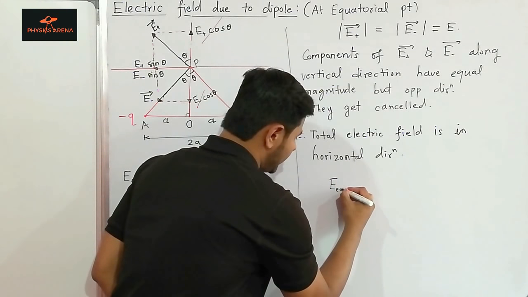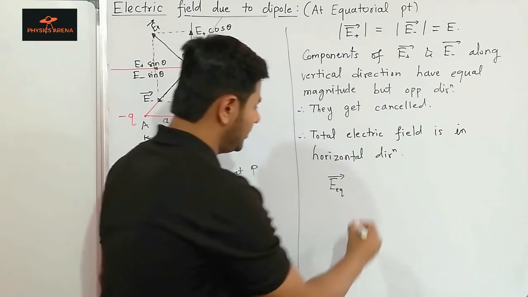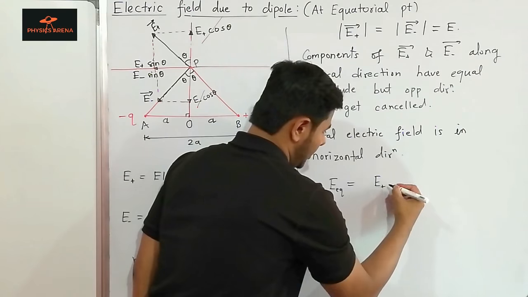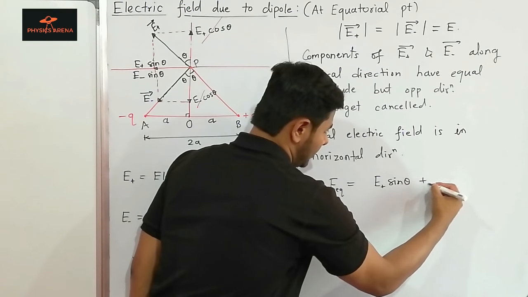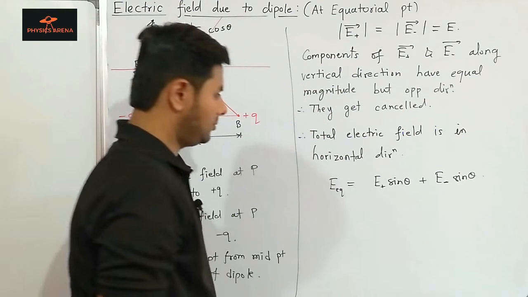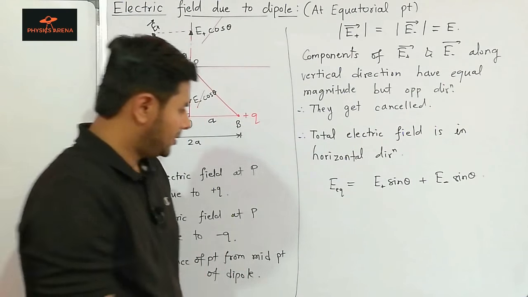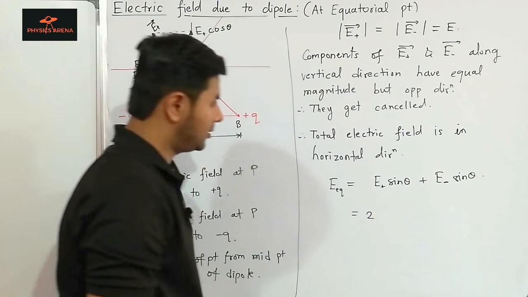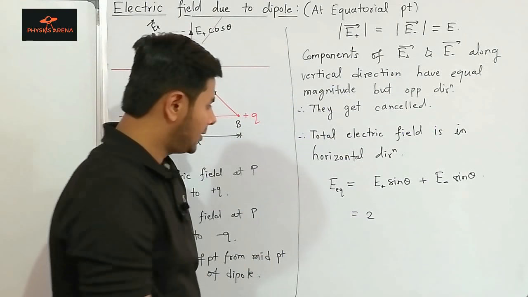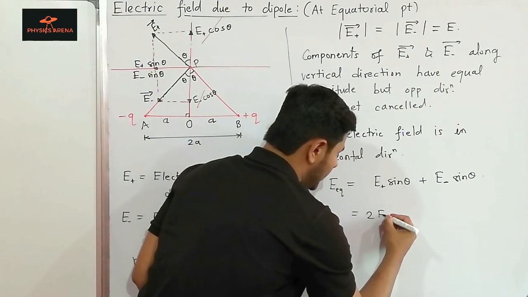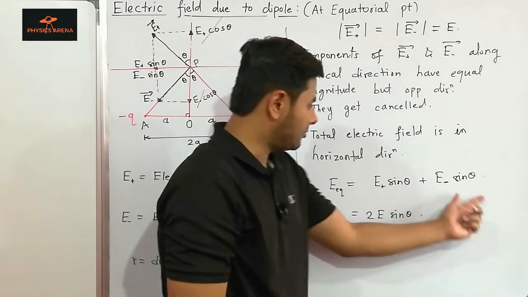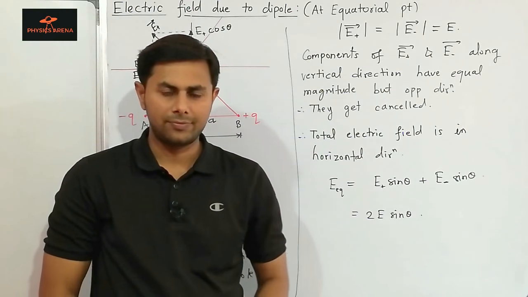So E equator is equal to E plus sine theta plus E minus sine theta. Because the magnitudes of E plus and E minus are equal to E, this is 2 times E sine theta.